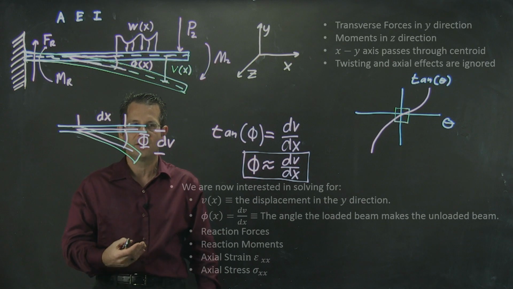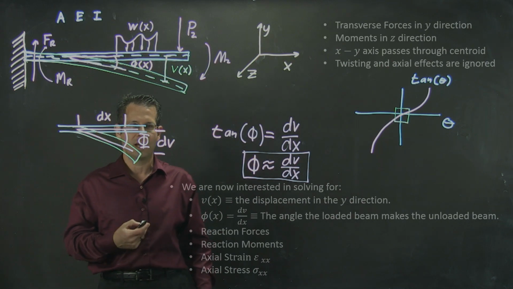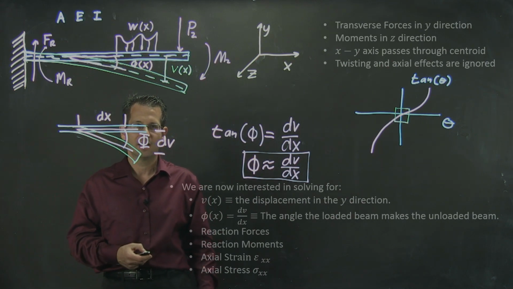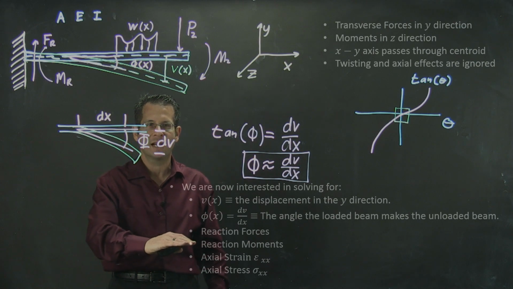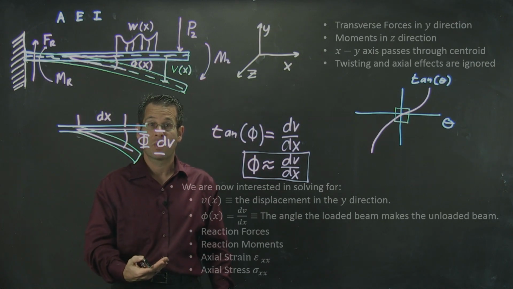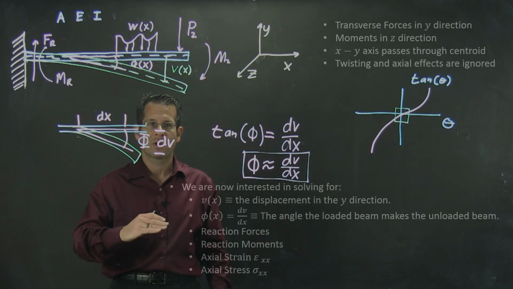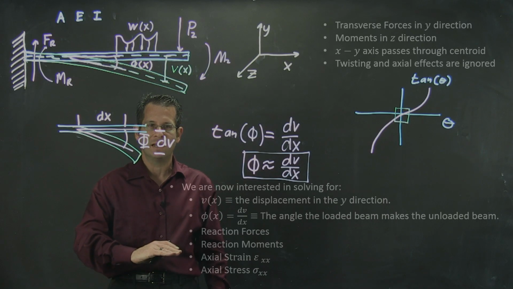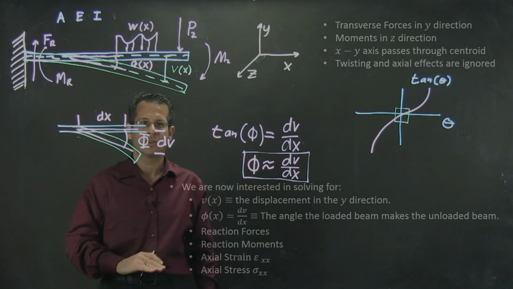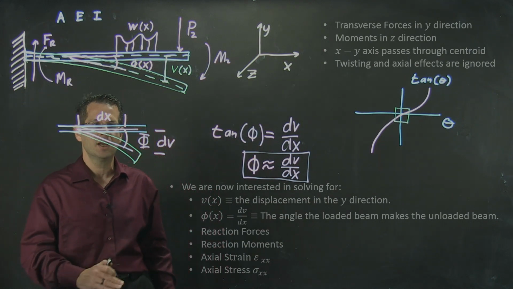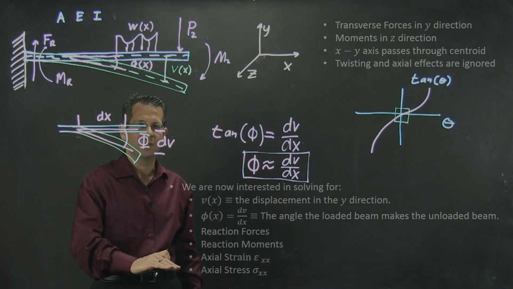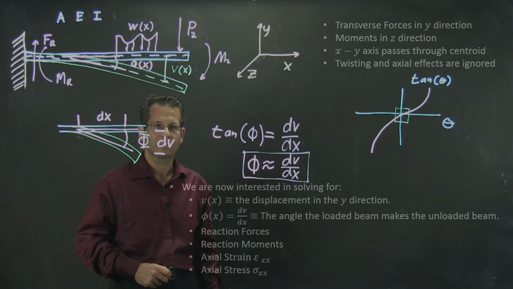Remember, that's the angle the loaded beam makes with the unloaded beam as a function of x. Of course, we're interested in finding the reaction forces, just like we were in bar elements, but now that we're looking at beam elements, we're also going to need to find the reaction moments. Just like in bars, we were interested in finding the stress and the strain, we'll be interested in finding the stress and the strain here as well.